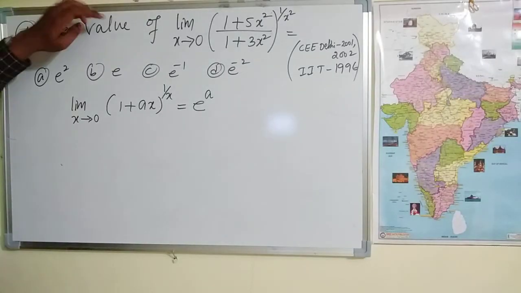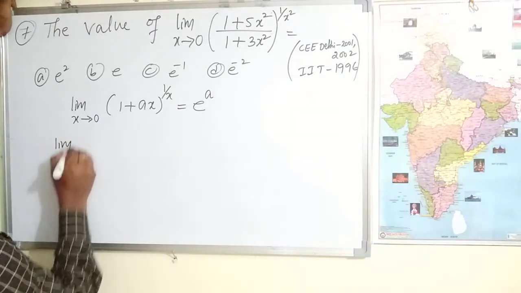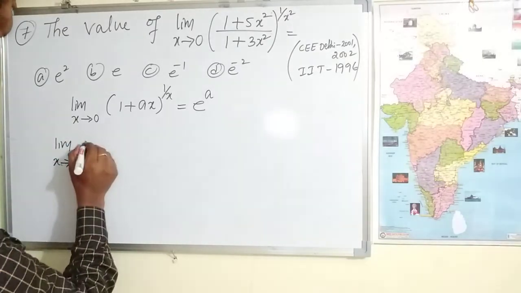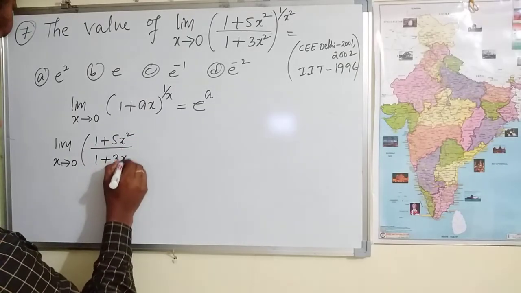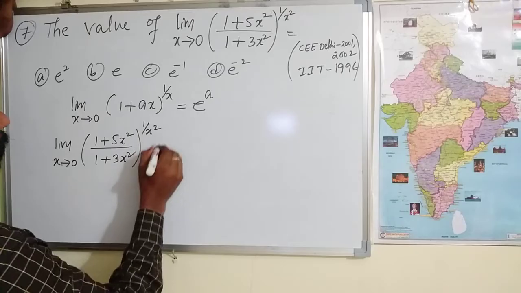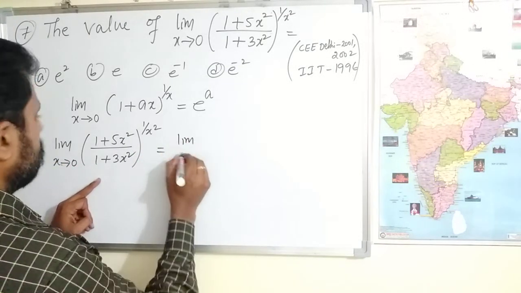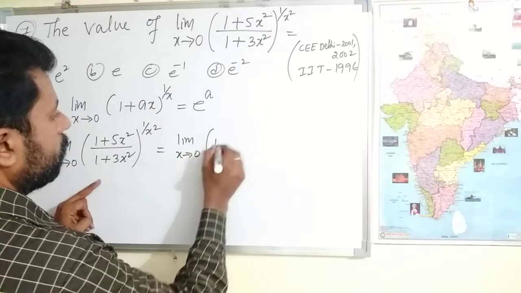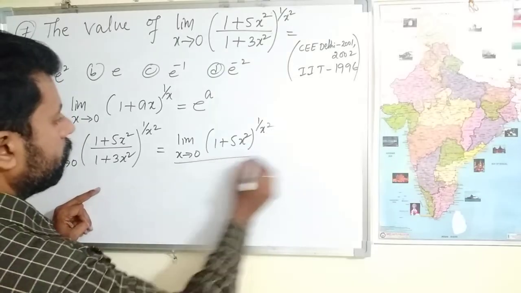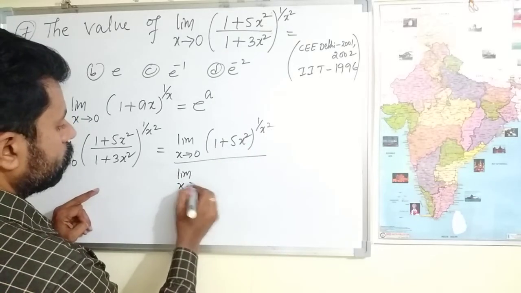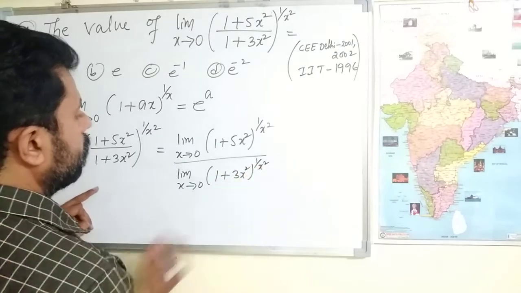Now the given result is limit x tends to 0, 1 plus 5x square divided by 1 plus 3x square, to the power 1 by x square. This result can be written as limit x tends to 0, 1 plus 5x square to the power 1 by x square, divided by limit x tends to 0, 1 plus 3x square to the power 1 by x square.